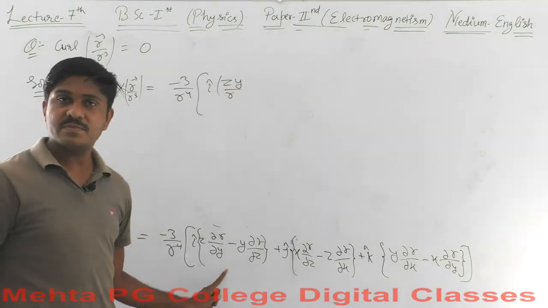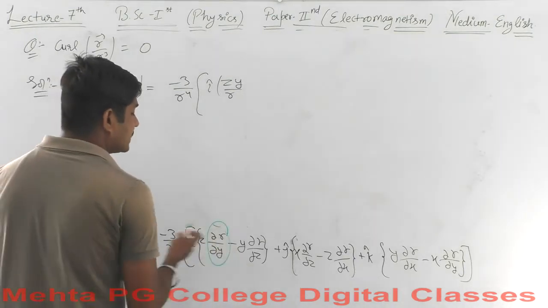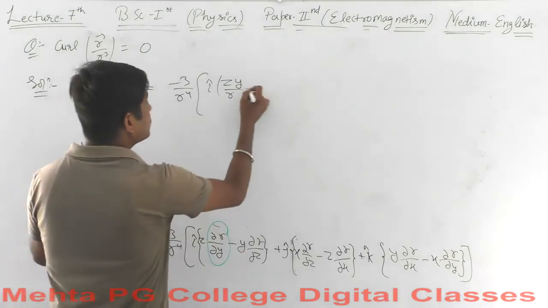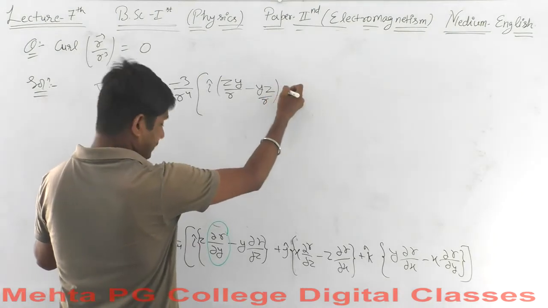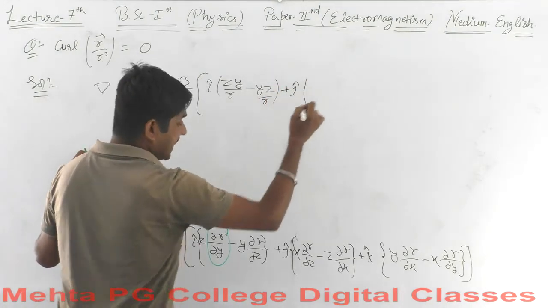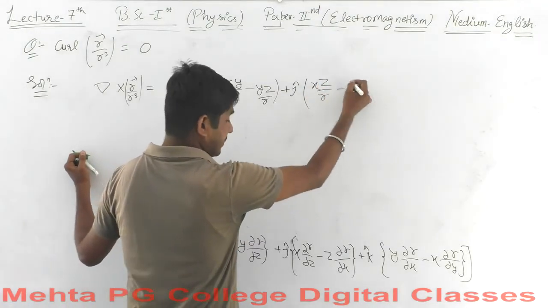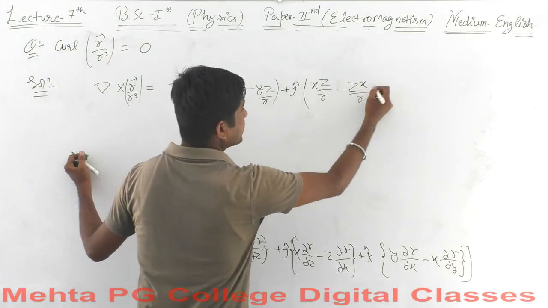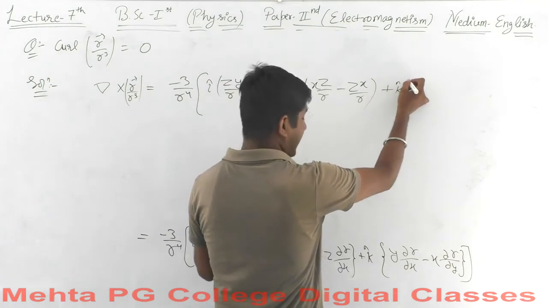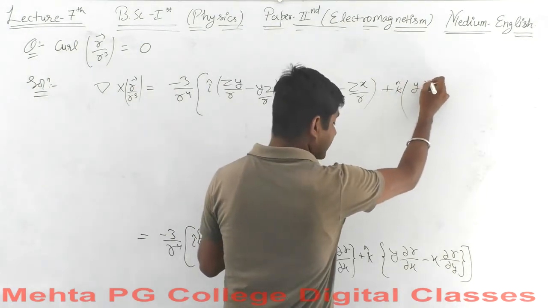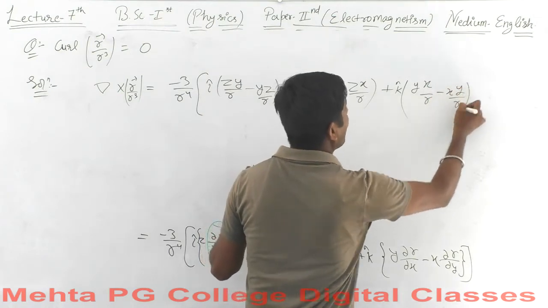I am solving this value, and then again minus y z over r, plus j cap, x z over r minus z x over r, plus k cap, y x over r minus x y over r.